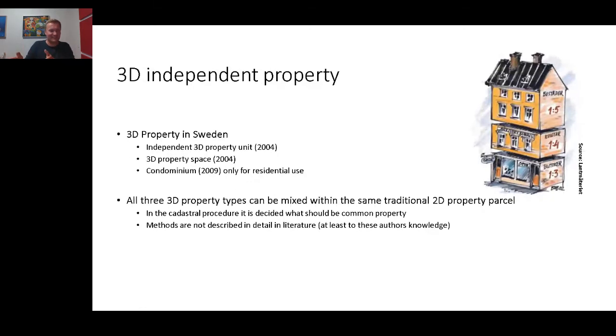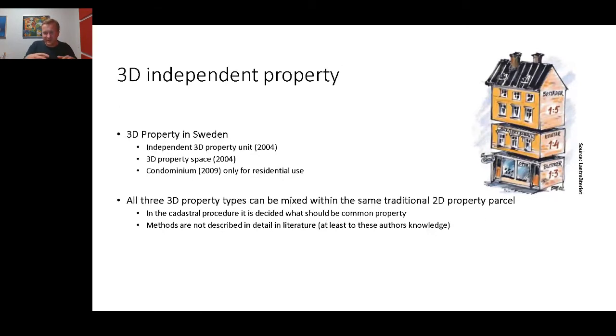Moving to the other system that we have seen develop, we have the 3D independent property system in Denmark, or 3D independent property type in Sweden. And in Sweden, there's no long history of condominium legislation, so you have no tradition for using condominiums for different kinds of use and organizing the relationship between those types of condominiums.